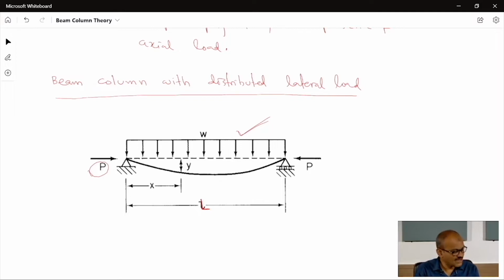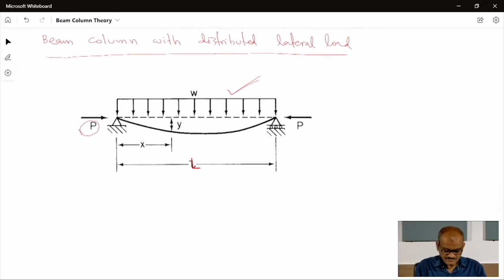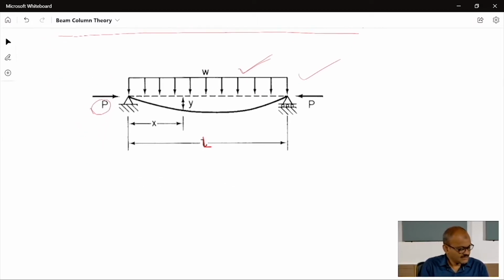How is it done? Let us see. This is the beam column. The total potential energy is the strain energy stored in the beam because of bending, plus the external work done. We have to add both things to find the total potential energy.